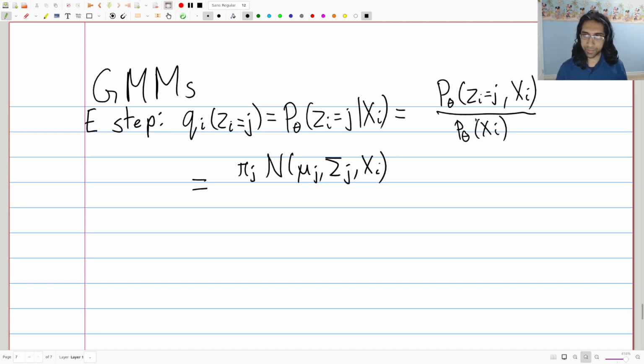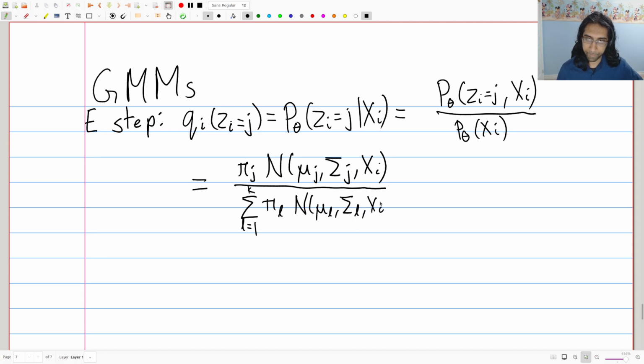And then the other thing is we just sum over all components. This is just the probability that the point comes out at all. And this is similar to how we would compute a density of any sort. We just compute the probability under it.